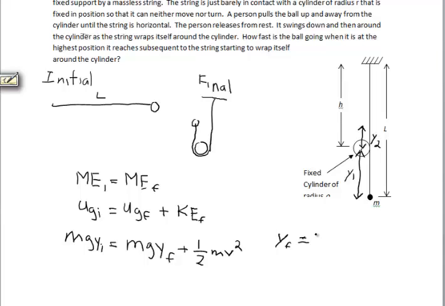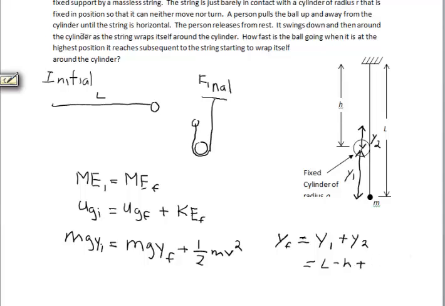So the y final is going to be the sum of those two, y1 plus y2. y1 is easy. y1 is L minus h. So let's write down L minus h. That's y1.